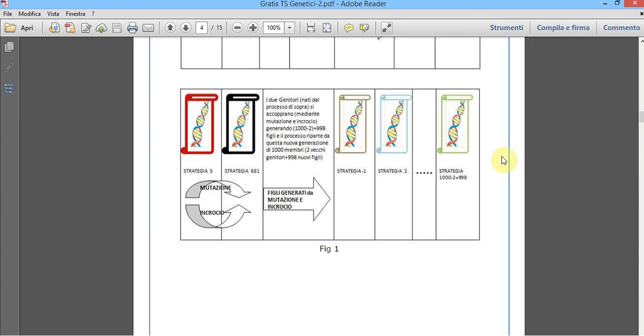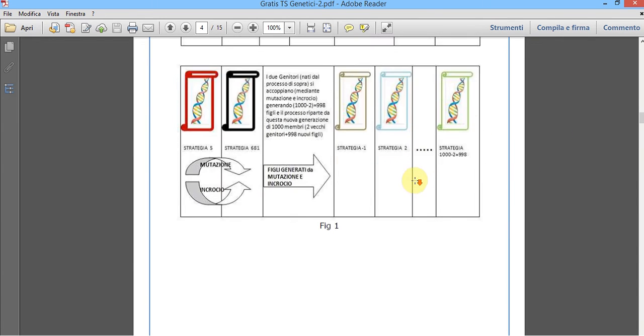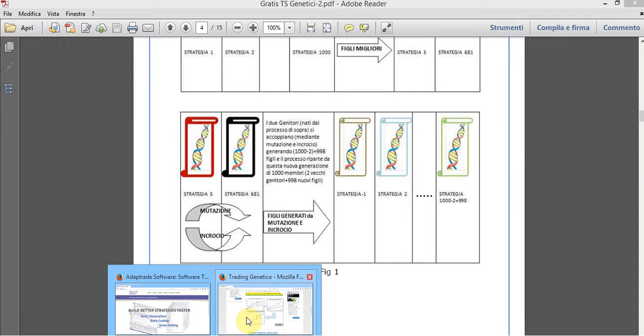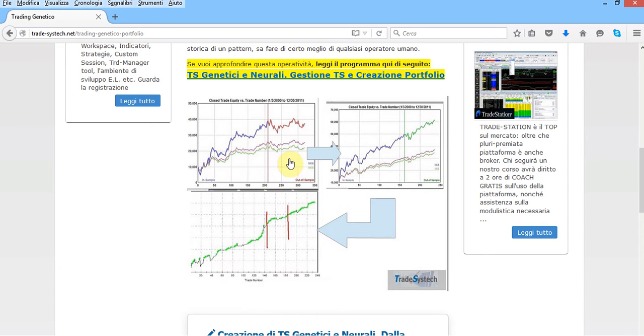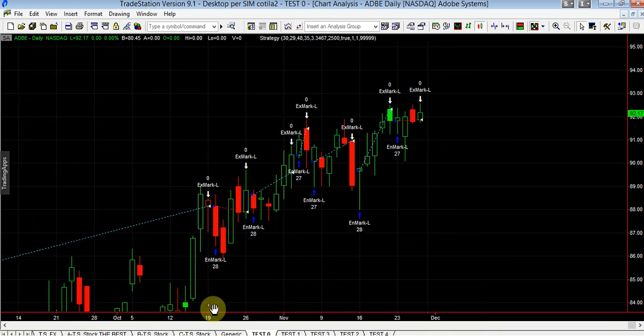At the end, generation after generation, we produce a series of evolved strategies, and at the end we might produce the best strategy. That's the visual process. It's a bit more complex than what you see here, but this is just to give you an idea. The approach is pretty modern, pretty interesting.